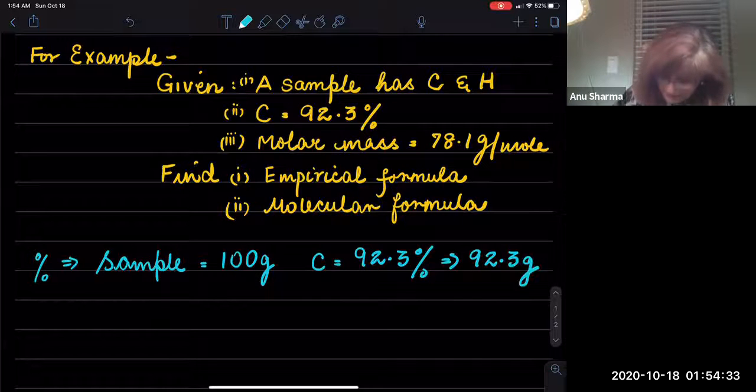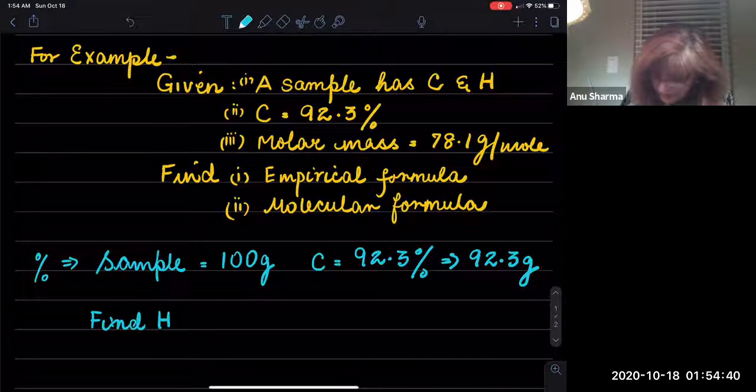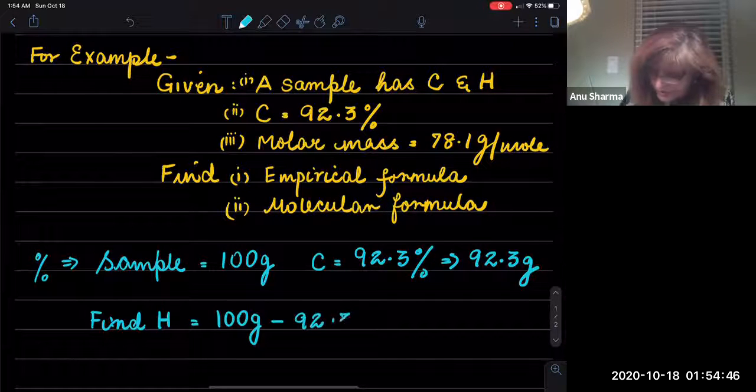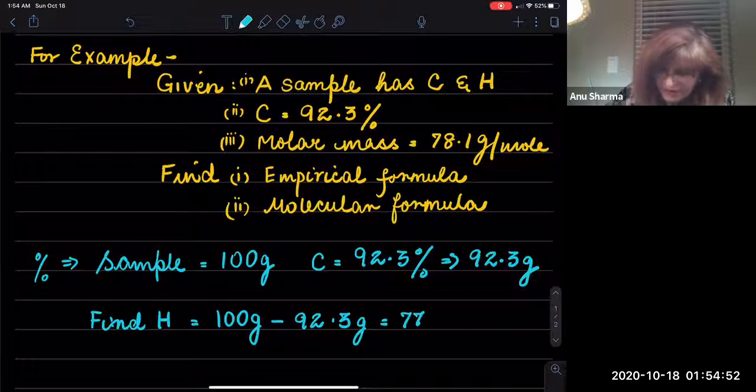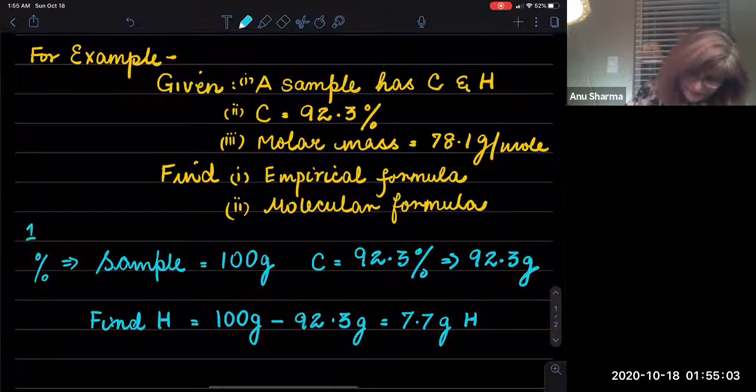Now find hydrogen. How are you going to do that? You take the sample weight, 100 grams, minus 92.3 grams, and that gives you 7.7 grams of hydrogen. This is the first step.